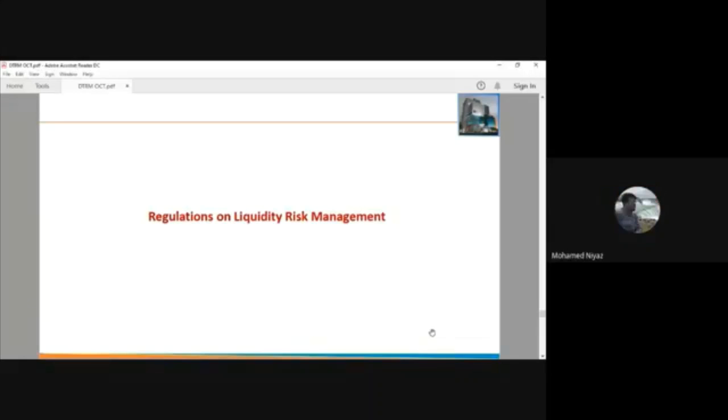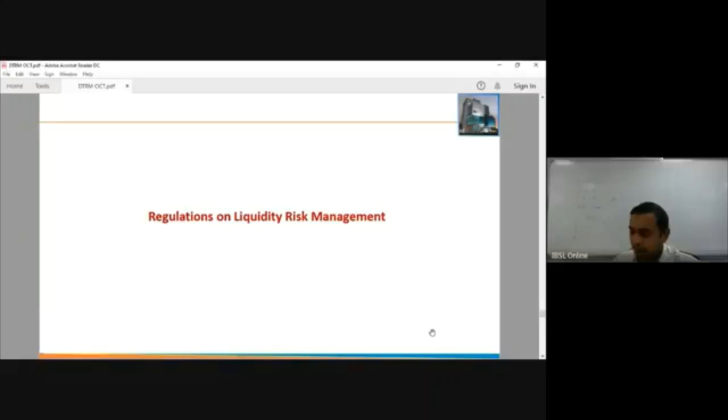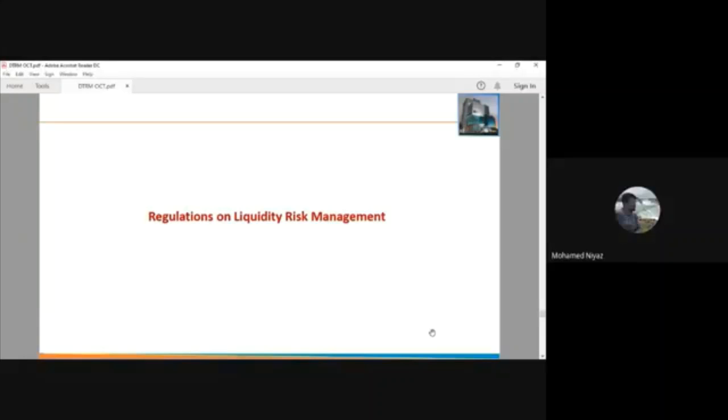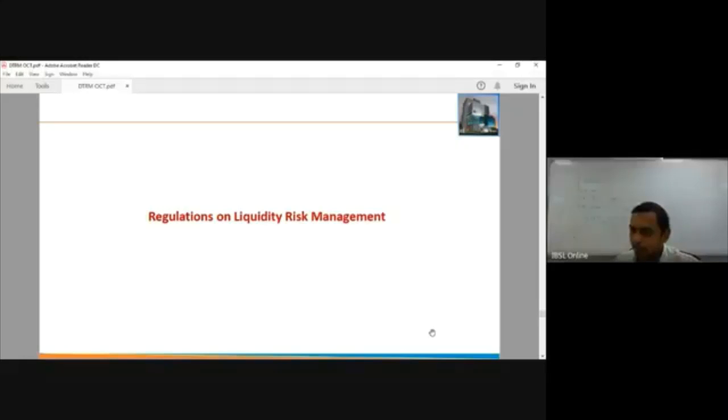Small question. With all these regulatory frameworks and central bank supervision, Pramukha Bank failed. Could you explain how exactly it happened? Yeah. Again, Pramukha Bank, it's not a failure, right?